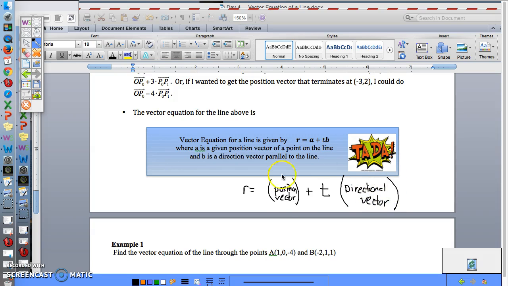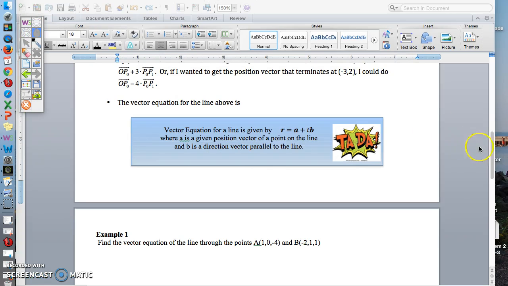It seems complicated, but think of it like y equals mx plus b. The t is how many times, like our slope. That's kind of like our directional vector. And our position vector is just any point on the line, like our y-intercept was a specific point, but any position vector will do.